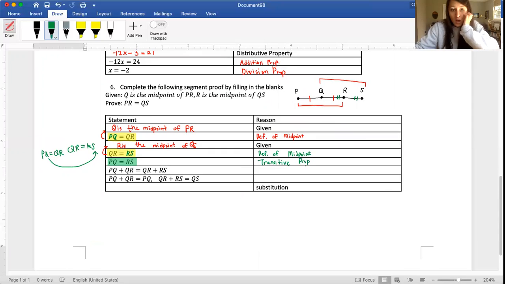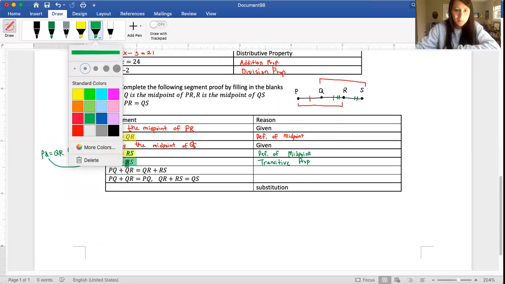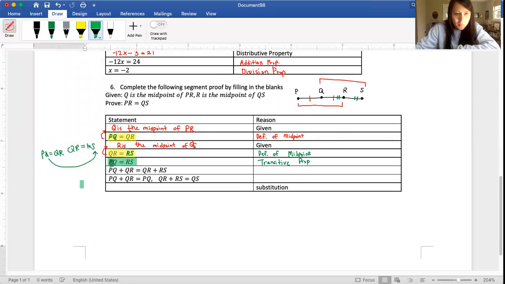Okay, so now let's see if I have any connections from the statements that appear. Okay, so PQ equals RS. Well, I have PQ and RS right here. So think of my new statements always coming from statements that are stated earlier. And so I can't just whip this out of thin air. I have to have some logical connection from previously made statements to make new statements.